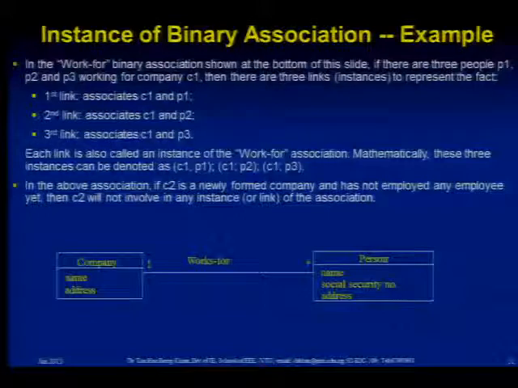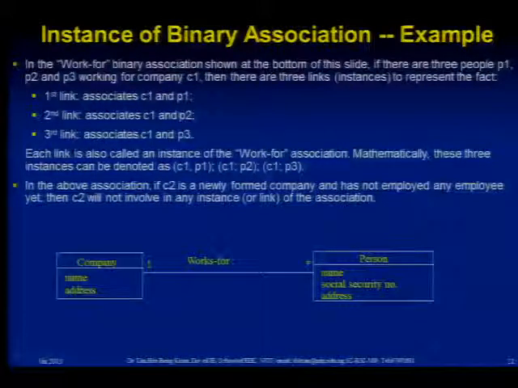So if 3 people all work for C1, then we will have 3 instances for this association. We will have 3 individual interactions for this association. P1 interacts with C1, P2 interacts with C1, and P3 also interacts with C1, because all of them work for company C1.